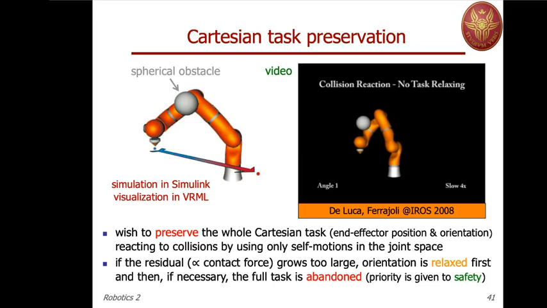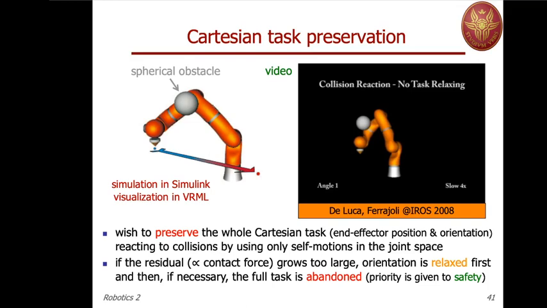If this is not possible, then you try to abandon the orientation, and if even relaxing the task in this case you are not able to reduce the residual below a certain threshold, which means that you're forcing motion against the colliding object, then the task is fully abandoned, because we give priority to safety at the end.